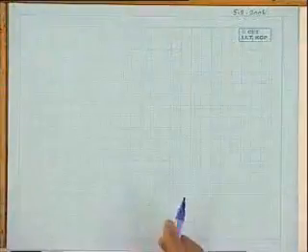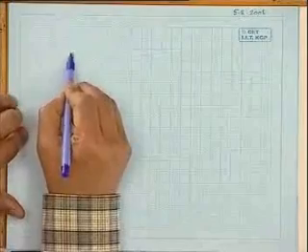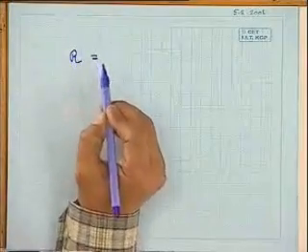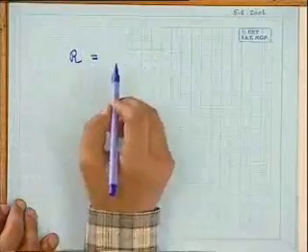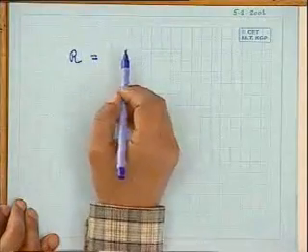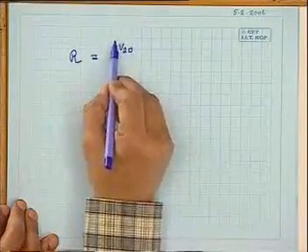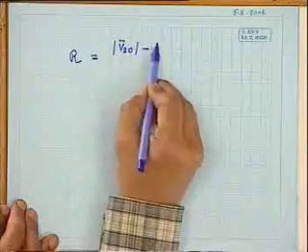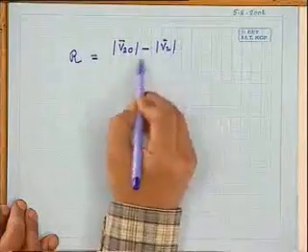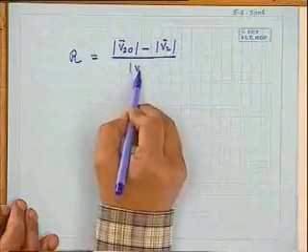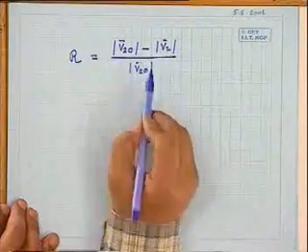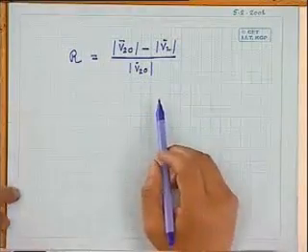Then by definition, regulation is defined as the change in terminal voltage from no load to full load condition, that is, the magnitude of V20 minus V2, divided by this V20. Now, when you express it in this fashion, it is called the per unit regulation. If you multiply it with 100, you get the percentage regulation.